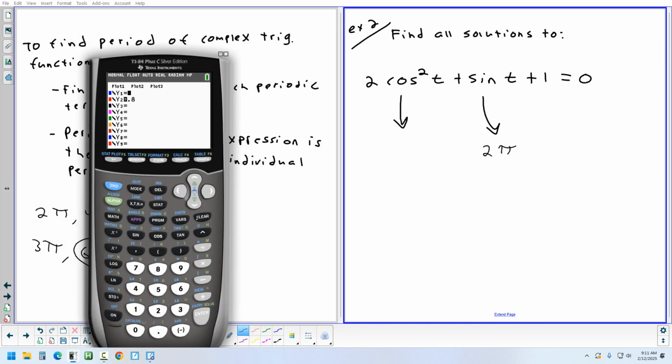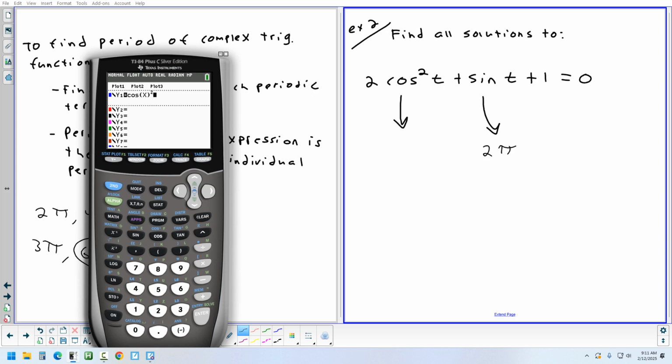We haven't dealt with raising a trig function to a power yet. So a couple of things. The first time we do it, we're just going to graph it and see if we can tell by looking at the picture what the period is. Eventually, we are going to come up with another formula to do it. So let's put in cosine x squared.